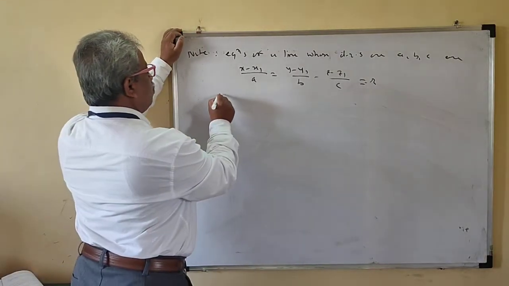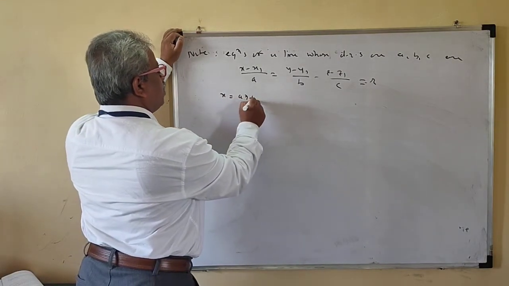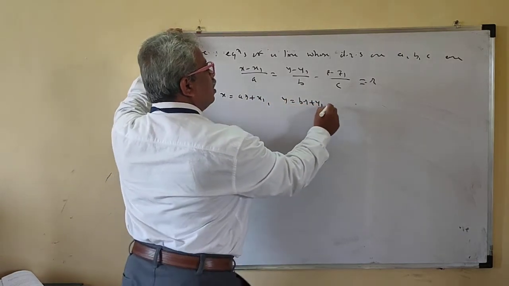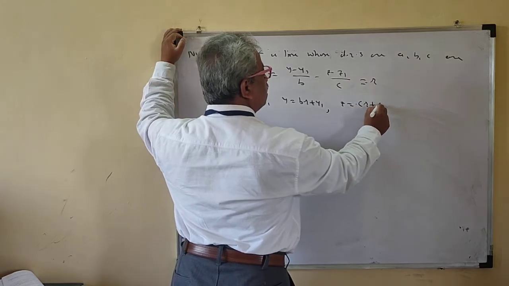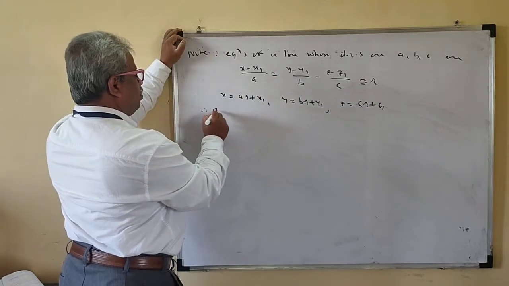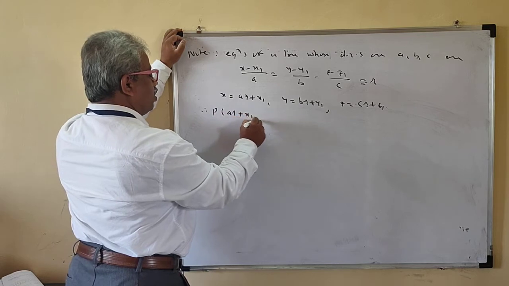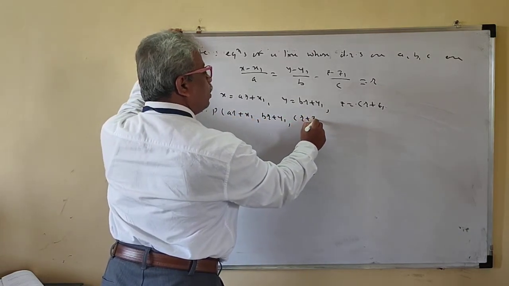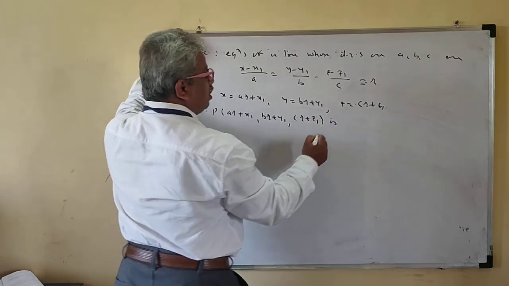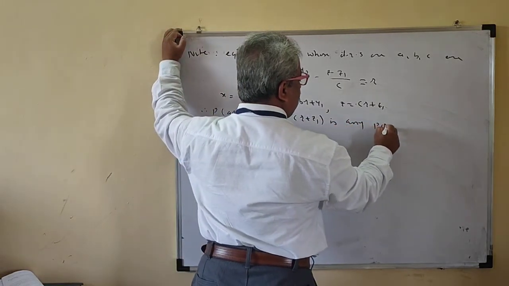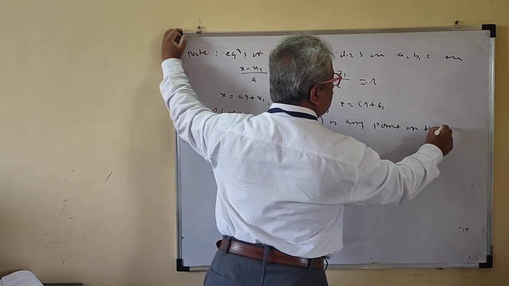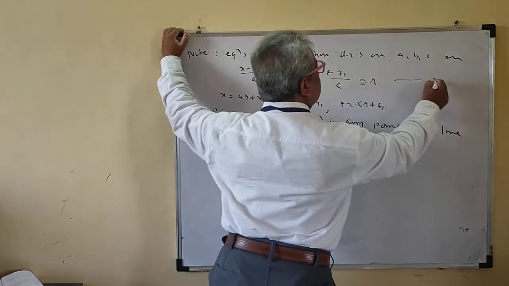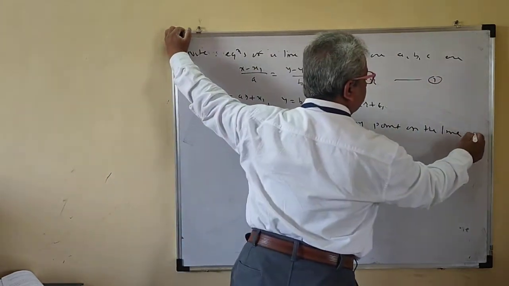Then x is equal to ar plus x1, y is equal to br plus y1, and z is equal to cr plus z1. So P(ar plus x1, br plus y1, cr plus z1) is any point on the line, which I will call line 1.